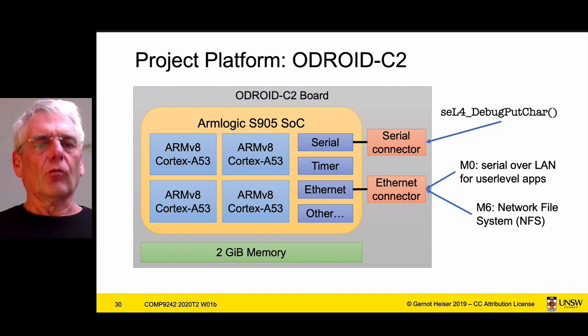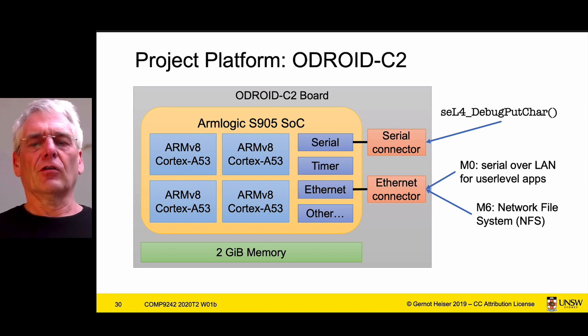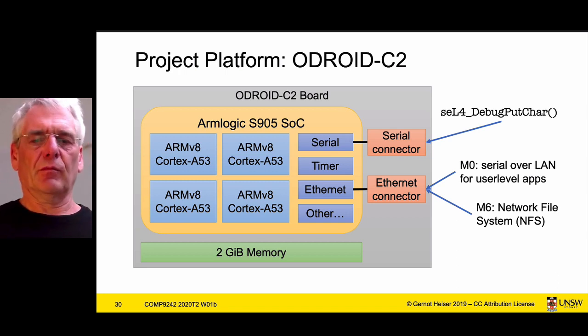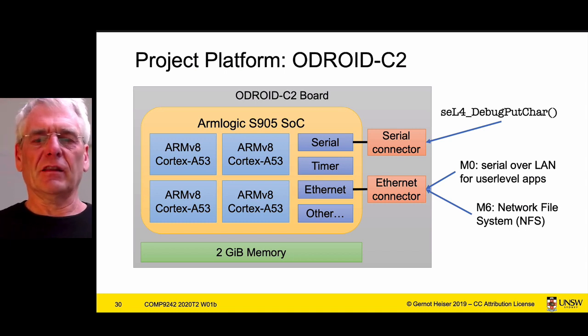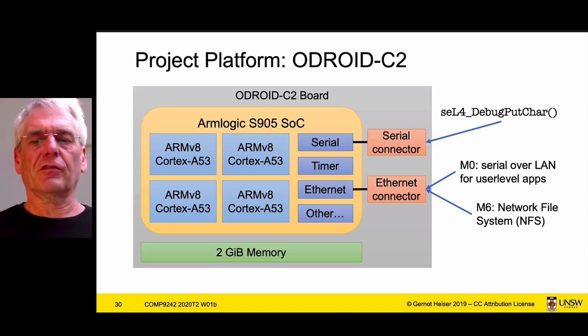And one of the devices you need to worry about is the Ethernet, because you will use that for communicating with the network file system, which you use as a storage device for implementing demand paging, as well as loading ELF images to run on the system.